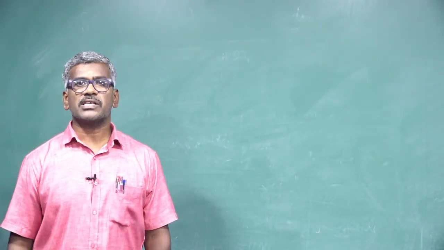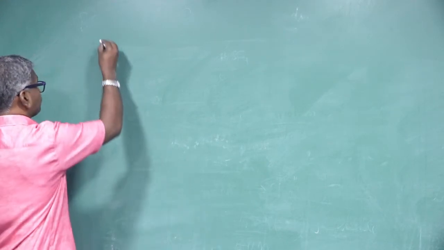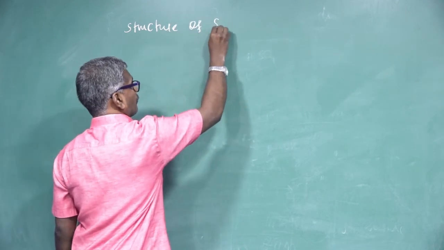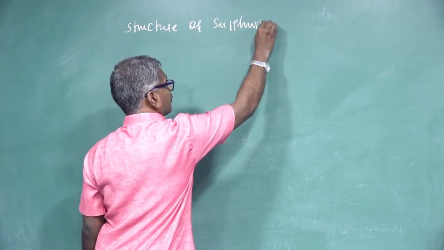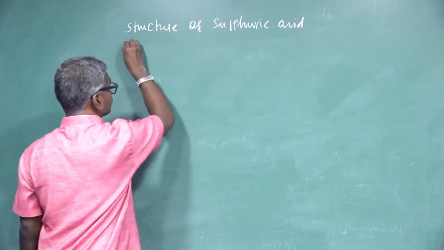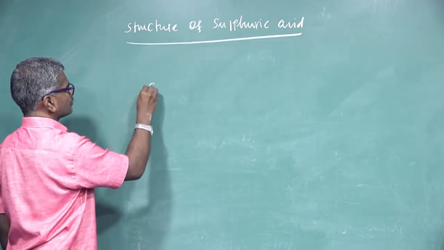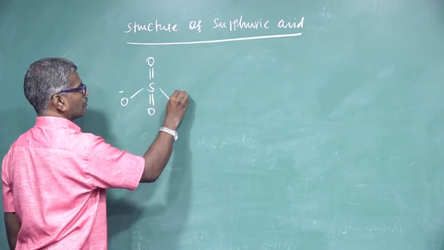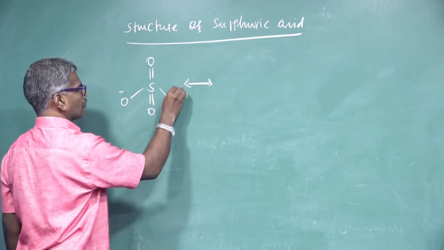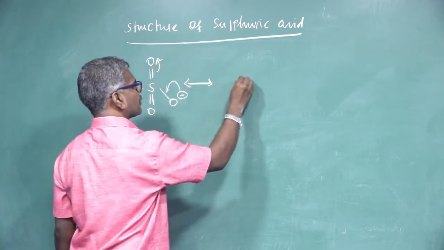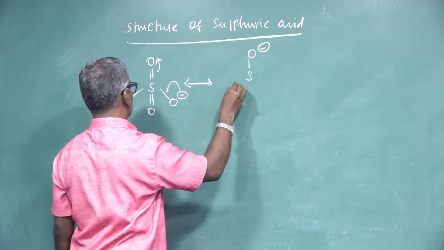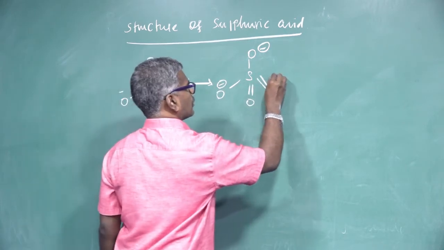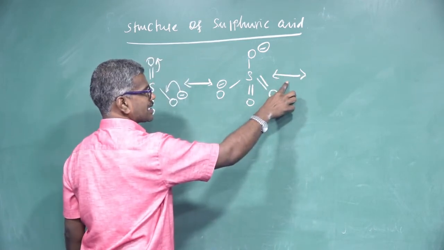Another one, structure of sulfuric acid and sulfate. This bond is shifted here. This symbol is known as the resonance symbol.